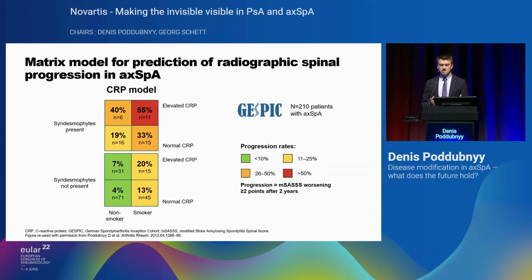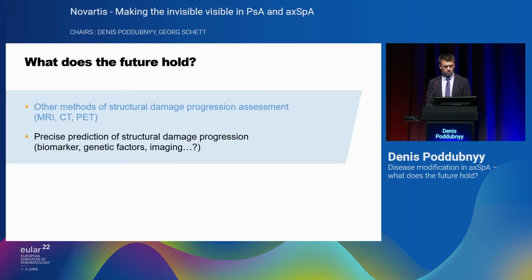There are several studies which have identified the major risk factors for progression. And these are early syndesmophytes. So if you see a patient already with a syndesmophyte, you know that probably there will be more syndesmophytes in the future. This is high inflammatory activity, elevated CRP, and this is smoking in patients with axial spondyloarthritis.